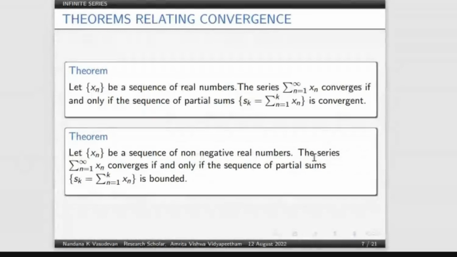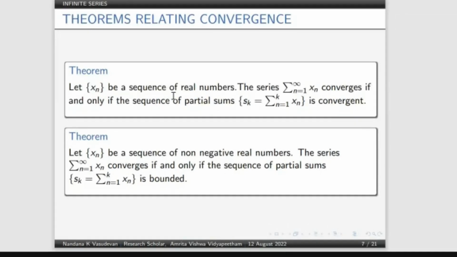So again, like sequences, we are more concerned about the convergence of a series that is given. So here we are defining it using partial sums, right? So the first theorem is the case when the sequence which we have taken is simply a sequence of real numbers. No other conditions are applied, right?